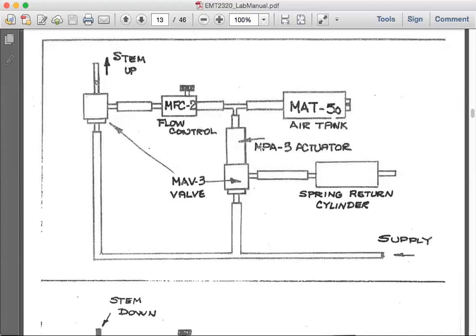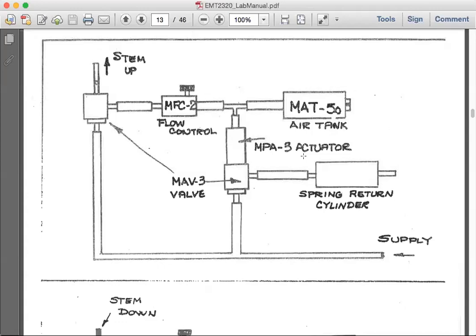Since there is no pressure in this part of the system, the actuator cannot be activated, and the stem inside the actuator is also up. So the pressure just waits at the bottom of this three-way valve, and it's not allowed further in the system.